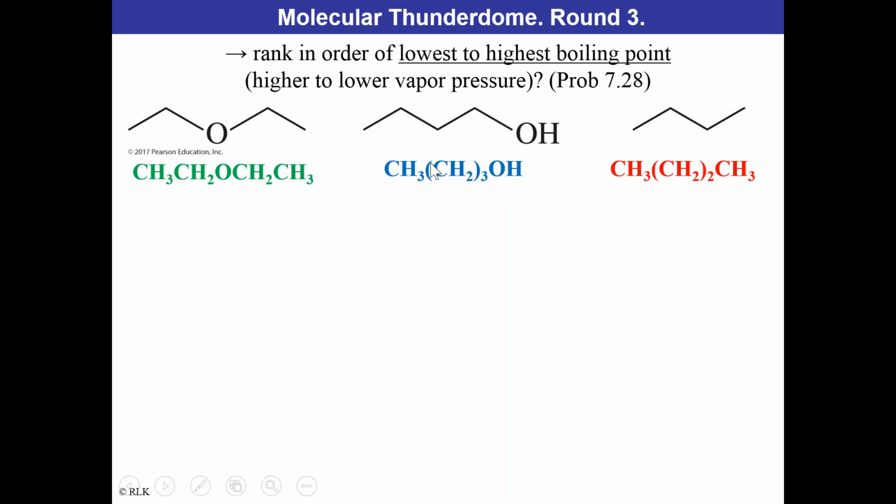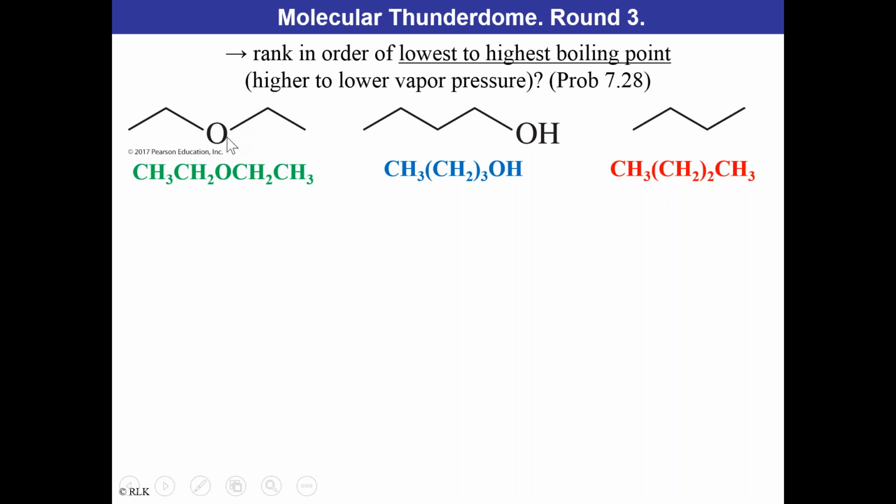We know that the alcohol is going to have London forces present, but not dominant. It'll also have some polarity, and it has likely the hydrogen bonding by virtue of the 2 lone pairs that naturally reside on the oxygen. Okay. Now, interestingly, on the left, you also have some London forces present, just as the other ones did, but it's not dominant. And it's probably going to be polar as well. But here's going to be the key.